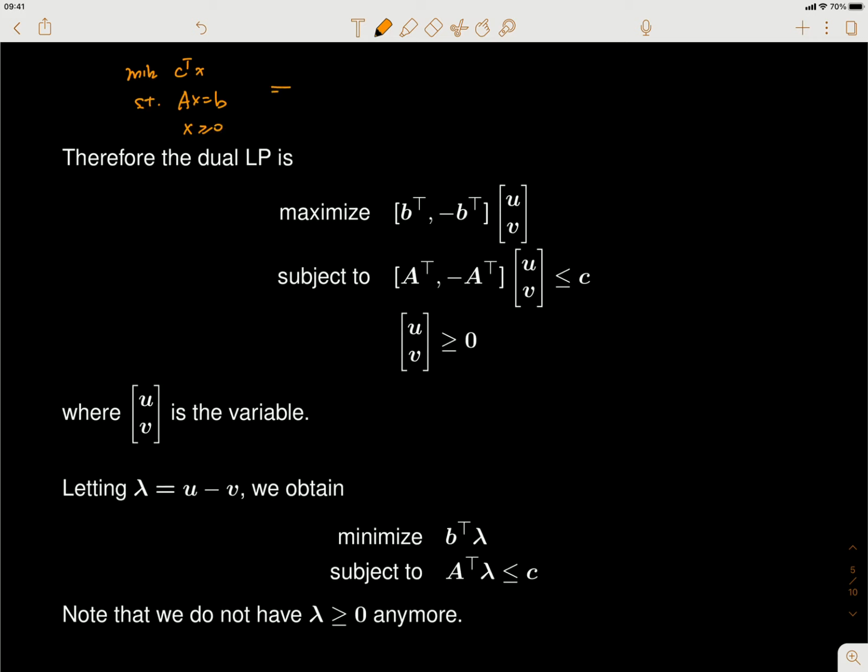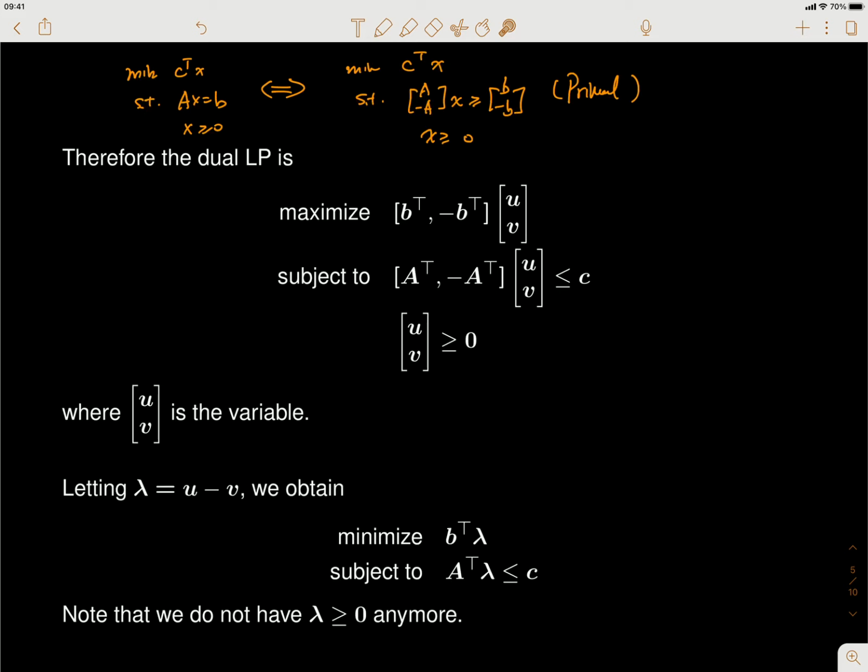I said this is equivalent to minimizing c transpose x, subject to the constraint that A and negative A times x is greater than or equal to b and negative b, and also x is greater than or equal to 0. So this is what I treat as the primal problem.